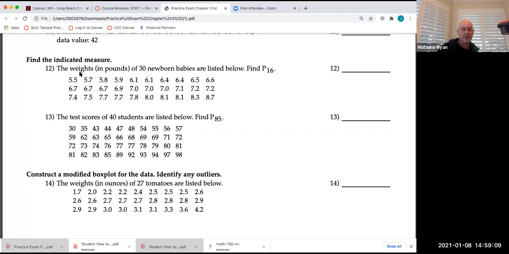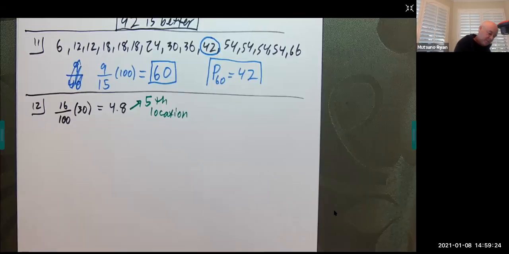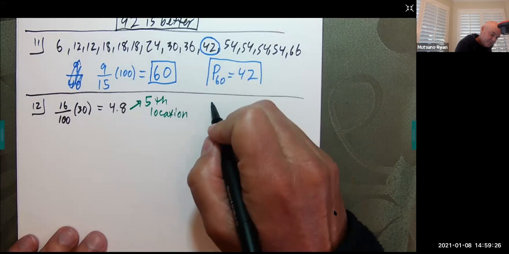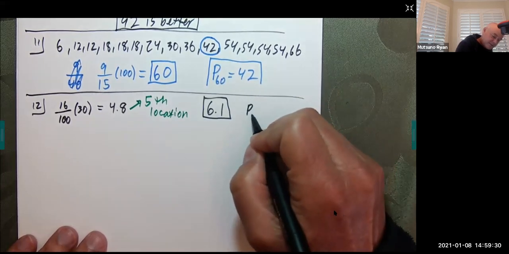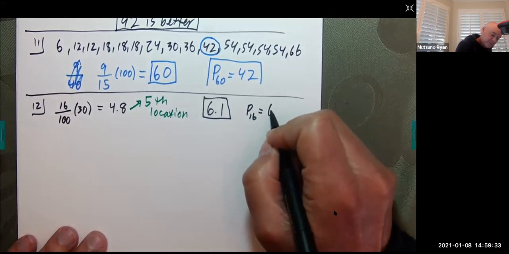And I'm going to find that here. So 1, 2, 3, 4, 5. There it is. 6.1. That is my answer. So we could rewrite it as P sub 16 equals 6.1.